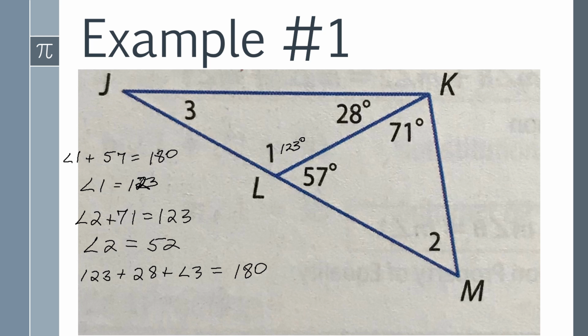So I add 123 plus 28, and I've got 151 plus angle 3 equals 180. So I'm going to subtract 151 from 180, and I'm going to end up with 29.